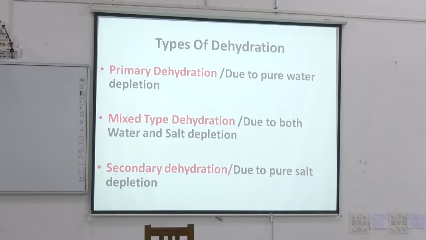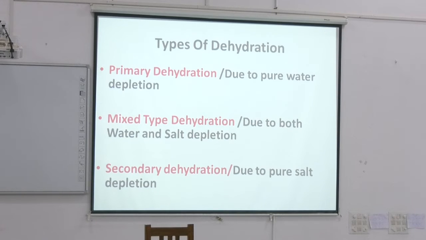Now you have to understand the types of dehydration: primary, secondary, and mixed type dehydration. The first one is primary. When we talk about primary dehydration, it only means there is a loss of water, for example in the case of diarrhea.